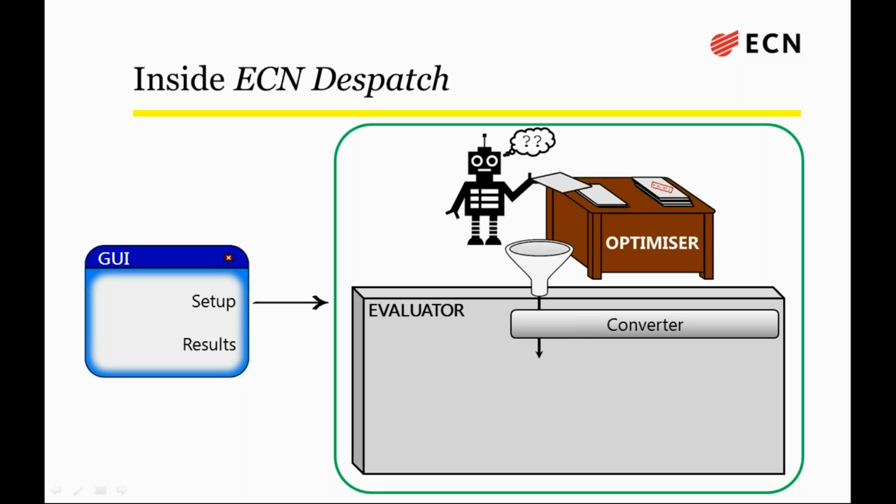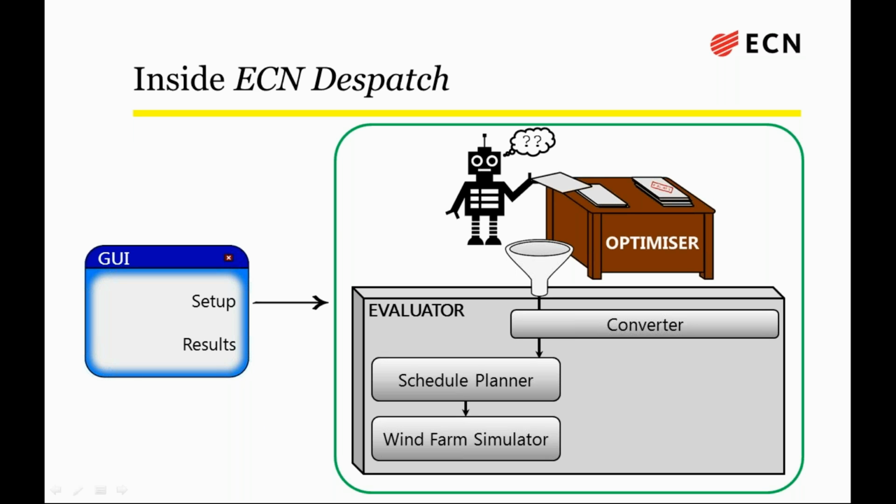However, the black box is not a black box to us. What happens is that transfer plan is converted into a schedule. So there is a planner that comes up with those Gantt charts I showed earlier, the realistic definition of how objects move around the wind farm, how vessels and so on. That plan is then put into a simulation.